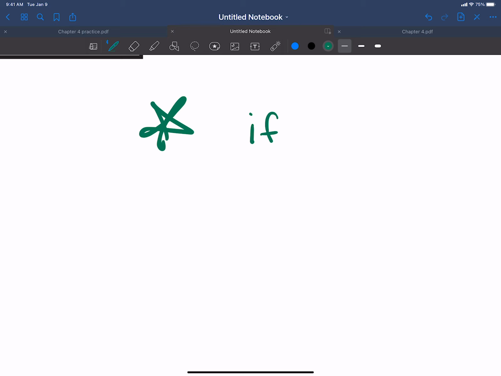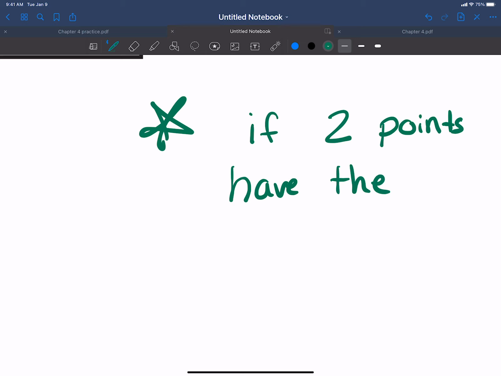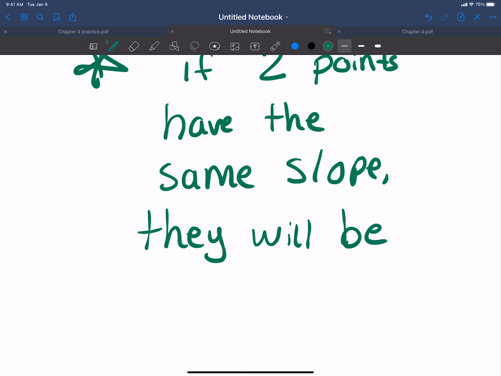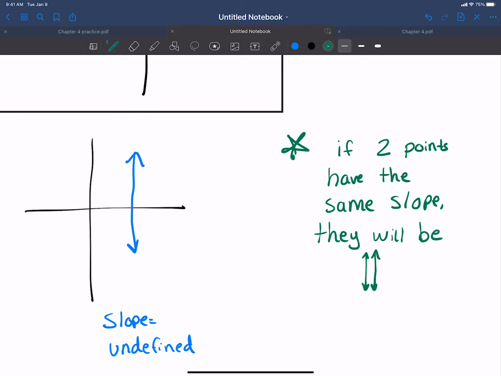If 2 points have the same slope, they will be parallel. I'm not going to write the word parallel because I know I'm not going to spell it right, but there you go. That's a good symbol for parallel. Okay? If 2 points have the same slope, they will be parallel.